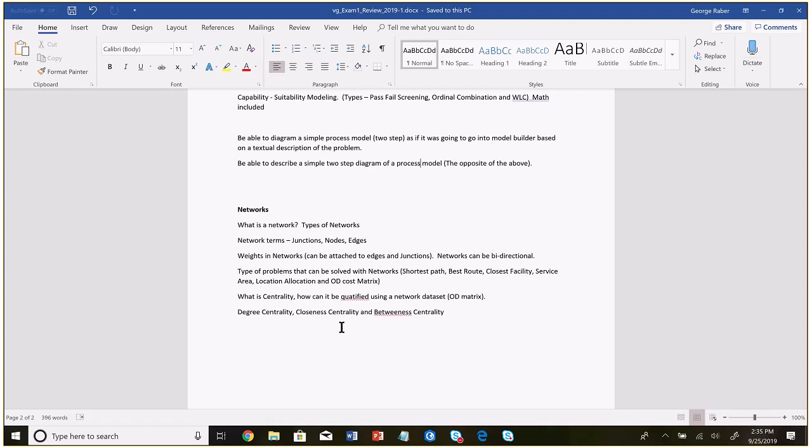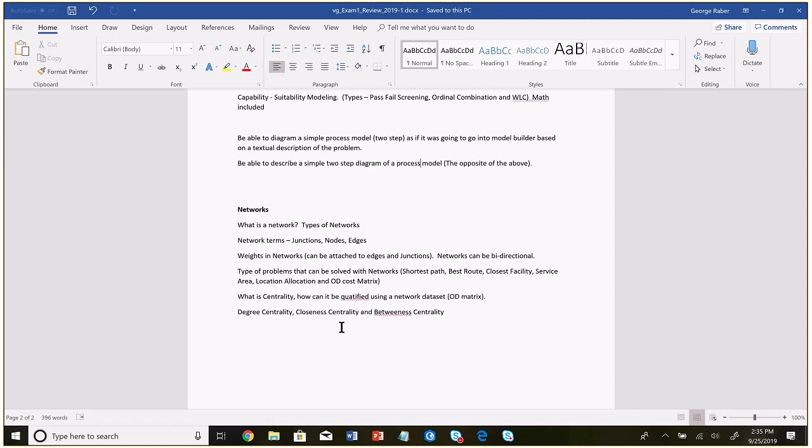Sometimes I can say, okay, I want the connected to the nth degree, like the 2nd degree. In other words, not just how many are connected directly, but how many are connected to that one, and then how many are connected to those that are connected to that one. Okay, that's degree centrality. Just how many connections are flowing into that feature, whether it's a node or an edge.